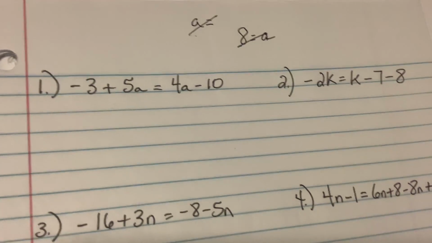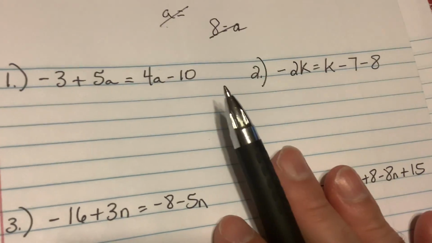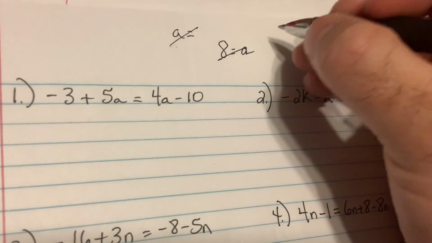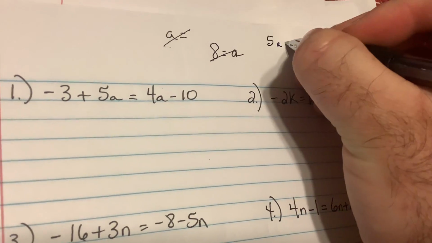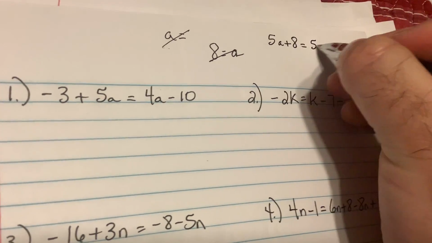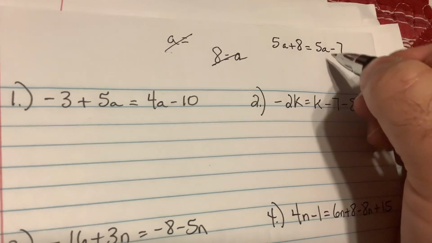Now, one exception to that, and I didn't have any problems on this that way, but there is a possibility. Let's say you have 5a plus 8 and you have 5a minus 7 over here.